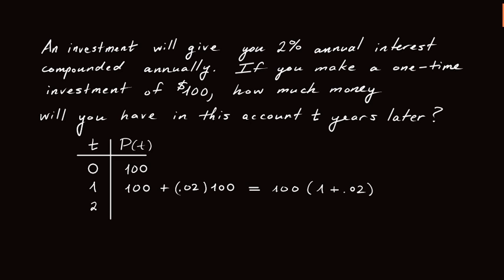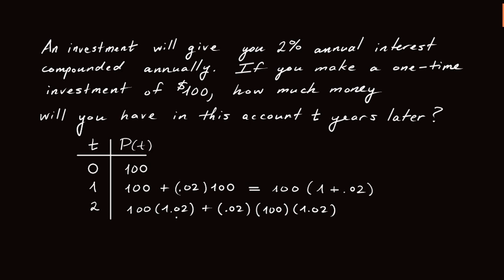Okay, and then the next year I take whatever this amount is, which is 100 times 1.02, and I add to it the interest I gain in that next year, 0.02 times this number, which is 100 times 1.02. But notice I have a 100 times 1.02 here and a 100 times 1.02 here.